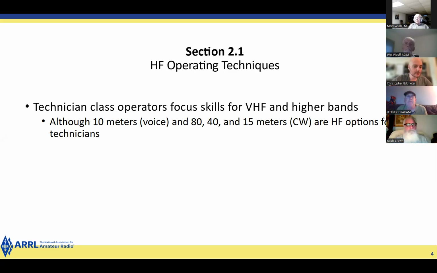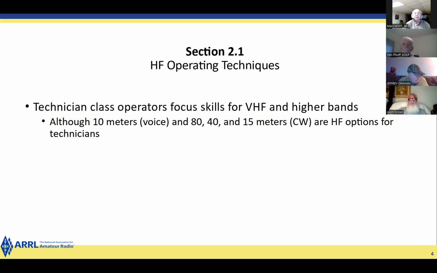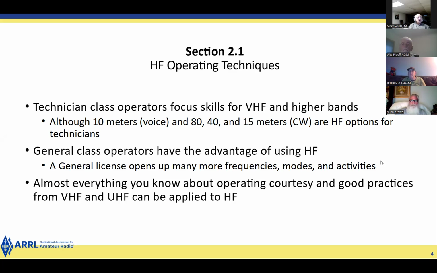Other than that, you've had no other HF privileges. So now you're working toward full privileges, and so now you have the advantage of using all of your privileges in the general class.